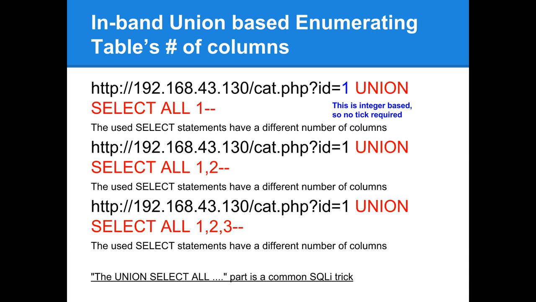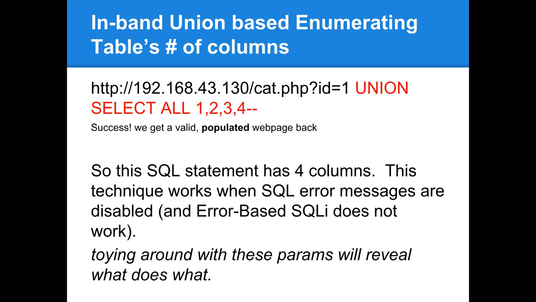And it will be unioning with the left-hand results of the query you're injecting it into. So you're guessing the number of columns in that target or that result set. Eventually, this way you will enumerate and get a valid populated web page back if you guess the correct number of columns.